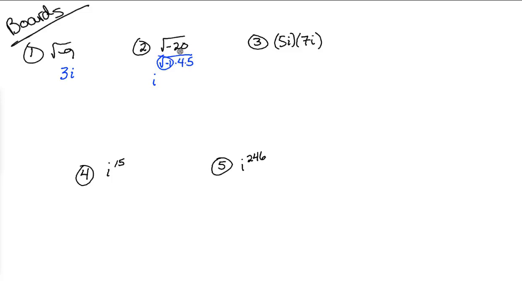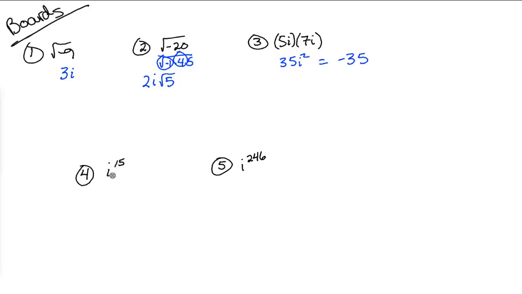So that becomes your I, that becomes a 2, and then the square root of 5 has to stay there. So we simplify it, but every negative root can simplify. This is a purely imaginary number, and yeah, it's got an irrational in there, but that's all right. Next, times these two together and you get 35i squared. Well, I squared is a -1, so this is -35.